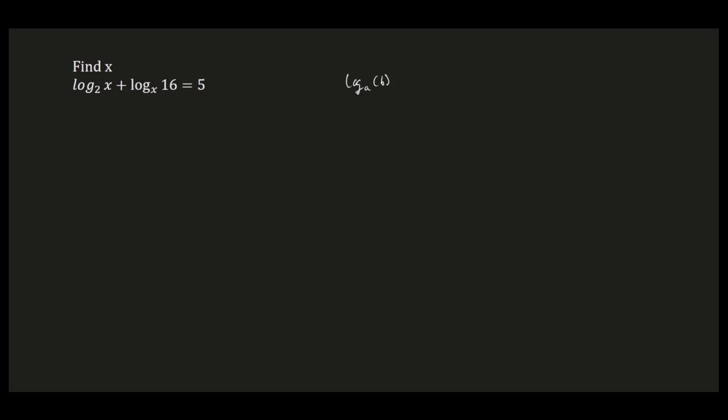The logarithm to the base a of b can be written as the log of b over the log of a. Or you can use the natural log or any other logarithm to change the base here.